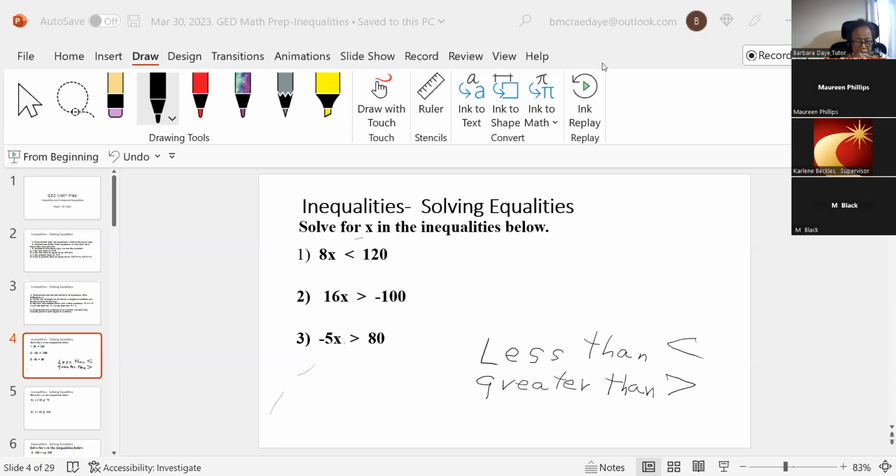And 3, x is less than minus 16. It comes through to everyone, but I don't see it. I only see Maureen's messages. My number 3 says x is greater than minus 16.